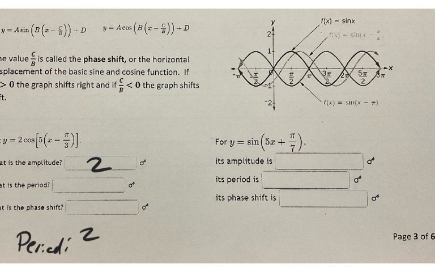Remember the formula. It's the default, which is 2 pi, over b, which this time is 5. So the period is 2 pi over 5. And then what would be my phase shift? We are going right pi over 3. Therefore, it's a positive pi over 3.